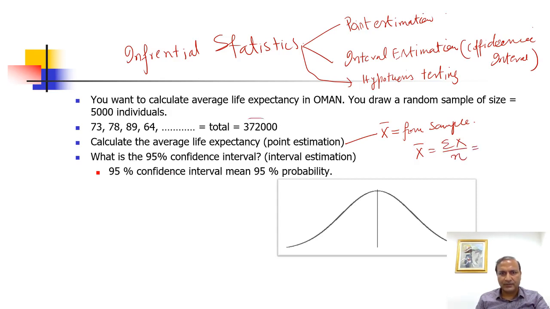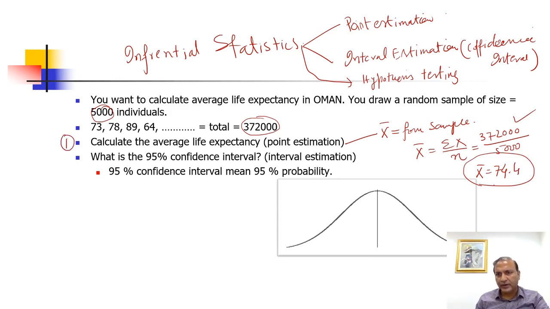The sum of x is 372,000, divided by n, which is 5,000, and your answer is 74.4. This is the same number we were using. This is called the point estimate, and it's very easy. You just calculate the average from the sample.